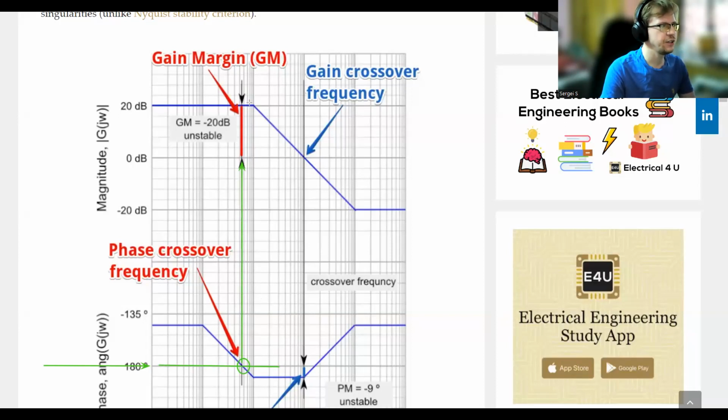So the gain margin is 20 decibels, right? So if this moves by 20 decibels, for example your controller is being tweaked and your Bode plot shifts down, you have quite a bit of shifting before you cross this line. We have basically here another place where we go across 180.